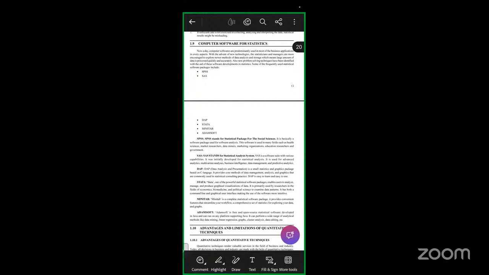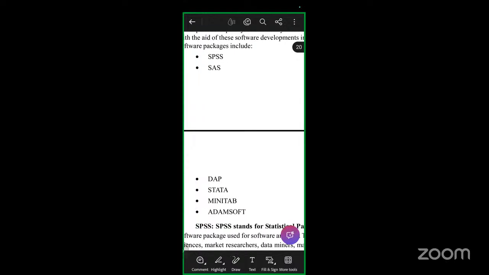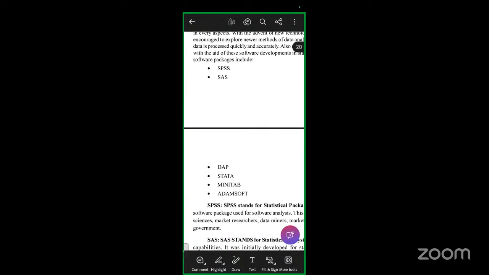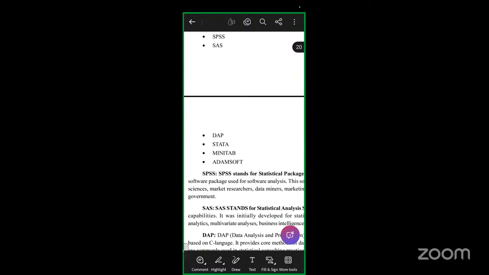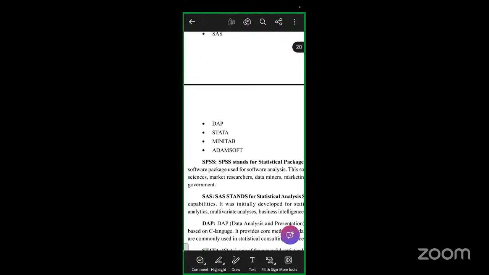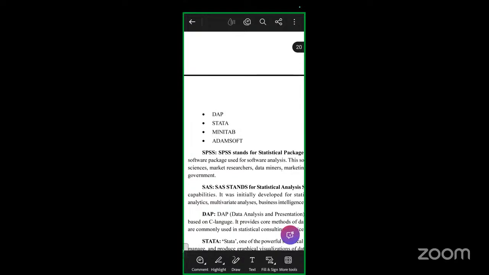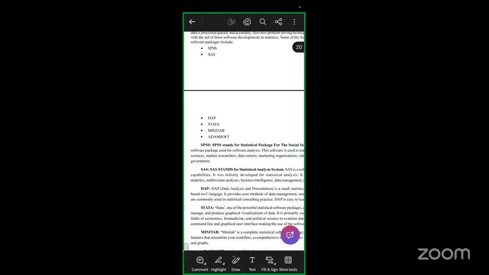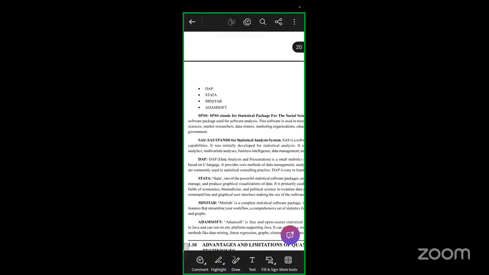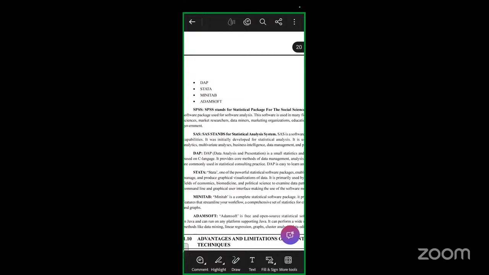For that, there are computer-based statistical tools. First is SPSS, Statistical Package for Social Sciences. SAS, Statistical Analysis System, and DAP, meaning Data Analysis and Presentation.